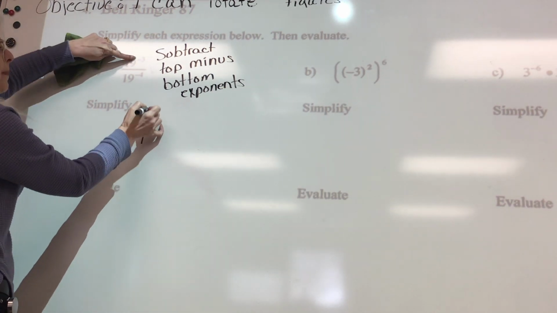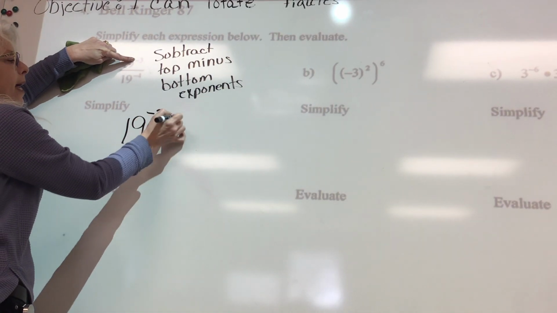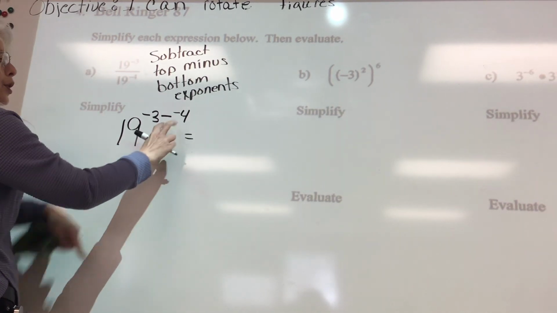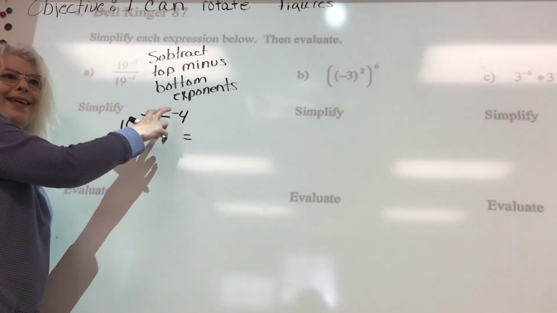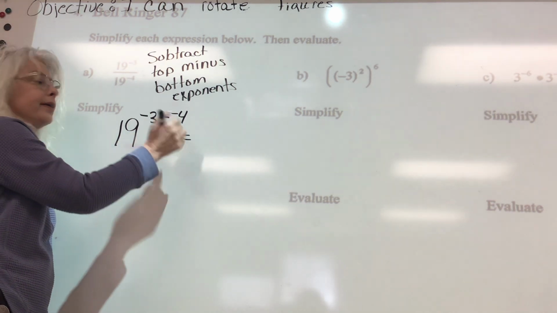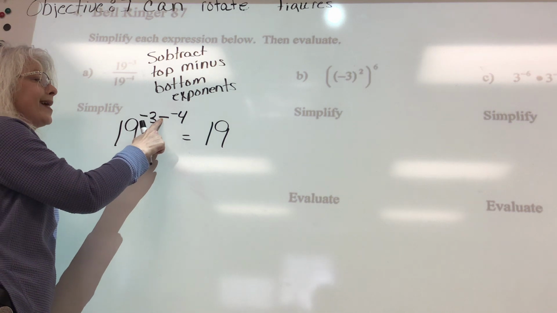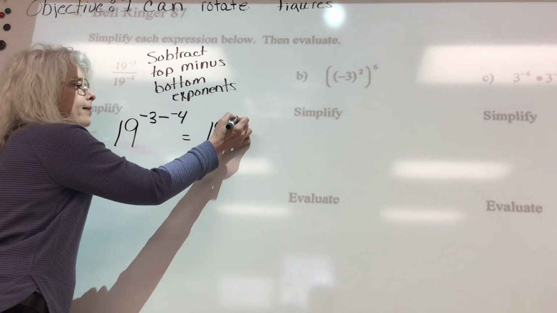So I'm going to take the top exponent, -3, and I'm going to subtract -4. Make sure you write this subtraction problem in the exponent area. And then just do the math. -3 minus -4 is +1.